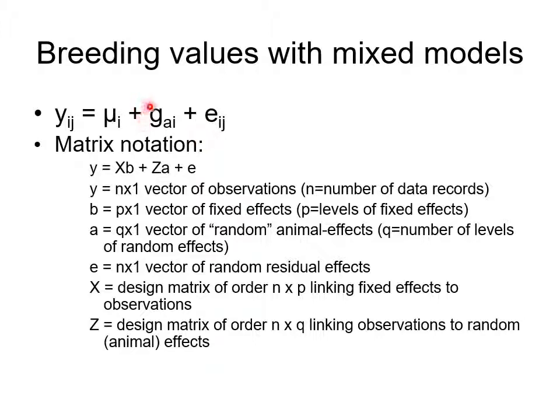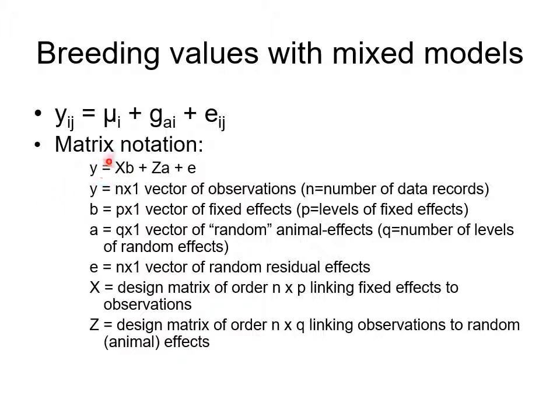So basically, if we want to know the additive genetic effects or breeding values, we need to separate the additive effects from the non-additive effects. We can rewrite that equation in so-called matrix notation.